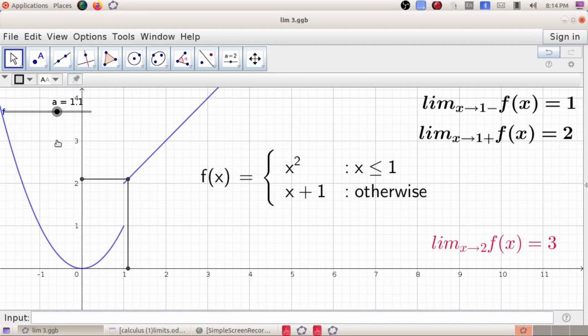So we can say that limit f of x, x tends to 1 plus is equal to 2. That means in this case left hand limit is equal to 1 and right hand limit is equal to 2. Therefore we can say that limit f of x, x tends to 1 does not exist.